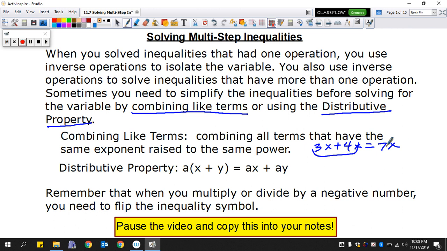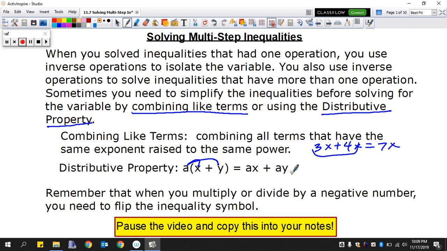The distributive property says that if I have a number multiplied times an addition or subtraction expression inside parentheses, you distribute this number that's on the outside of the parentheses to everything inside. So a times x and a times y, you end up with ax plus ay. And we've talked about this in the past.